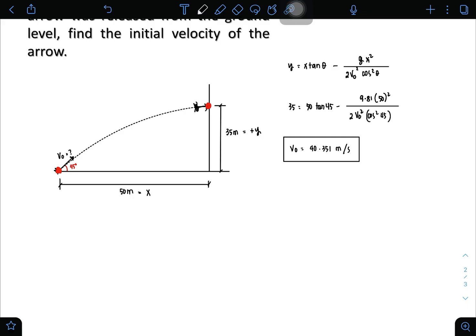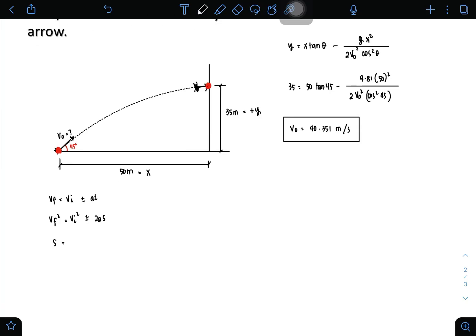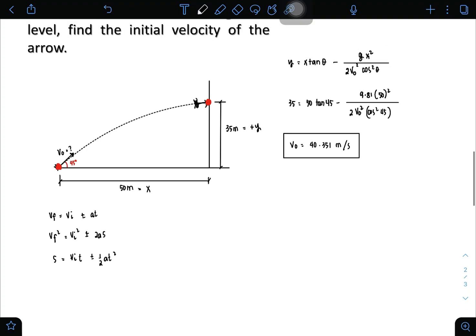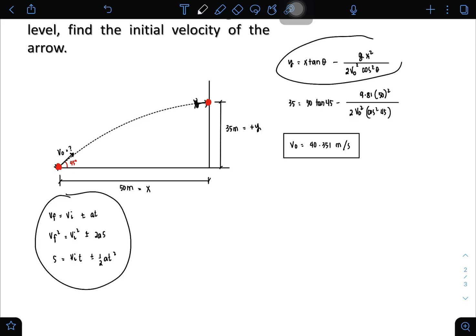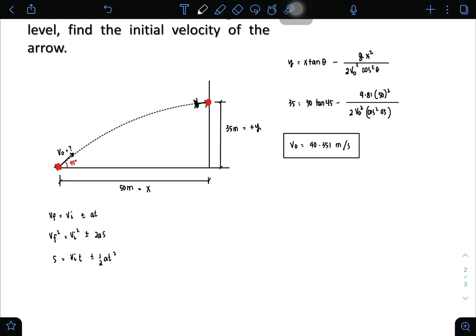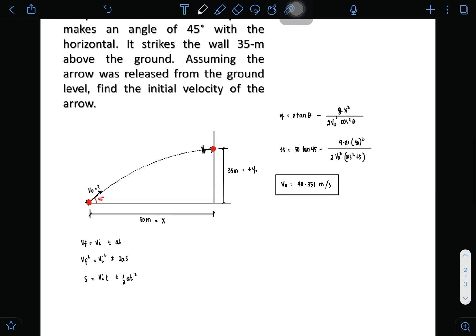Like final velocity equal to the initial velocity plus or minus acceleration times time, then final velocity squared equal to the initial velocity squared plus or minus twice the acceleration times the distance, and then the distance equal to initial velocity times time, plus or minus 1/2 of the acceleration times time squared. So it's really all up to you whether you want to use these or just use this one. Anyway, you can actually derive the same answer using these.